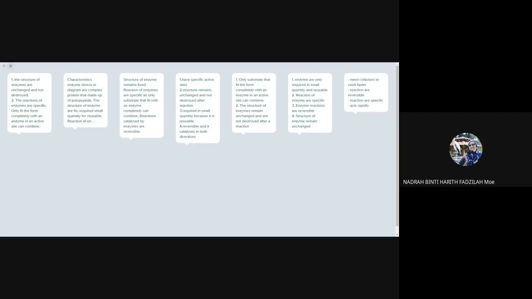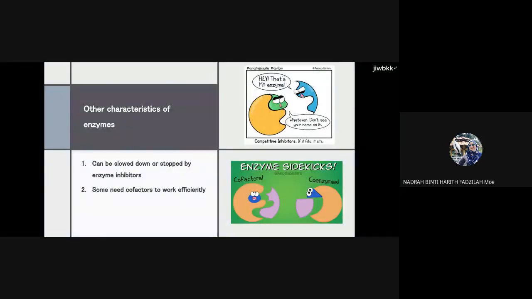So kita ada banyak characteristic of enzyme yang kita dah hafal, tetapi make sure karakteristik itu ditunjukkan dalam diagram. If you want to say acts rapidly, boleh kalau ada graph ke, ada timer ke, ada maklumat kat situ, rate of reaction dia berapa. Kat situ boleh. So apa yang Nurin sebut tadi, iaitu need cofactor to work faster, here are the other 2 characteristics of enzyme.